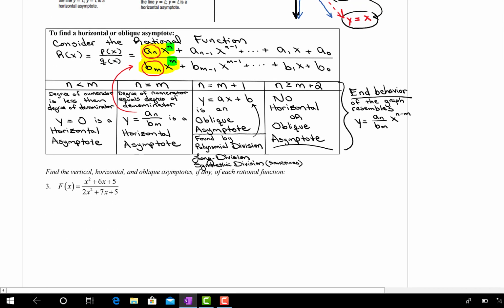Oh, and I also want to mention one more thing before we get past this part right here. A special note. Let's put a little star.